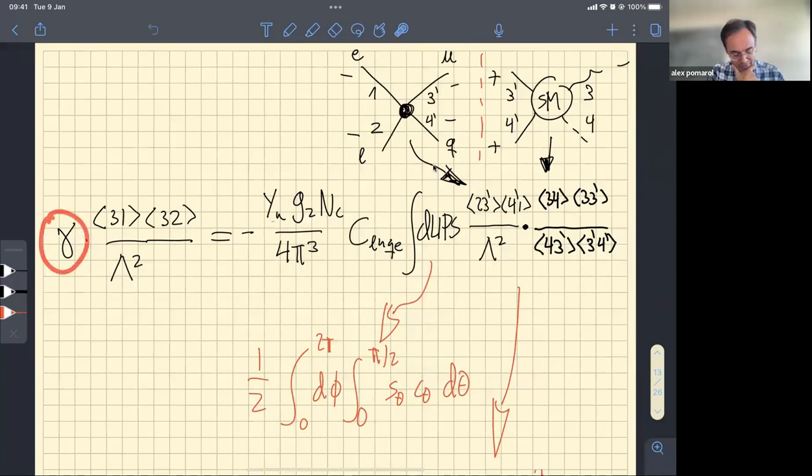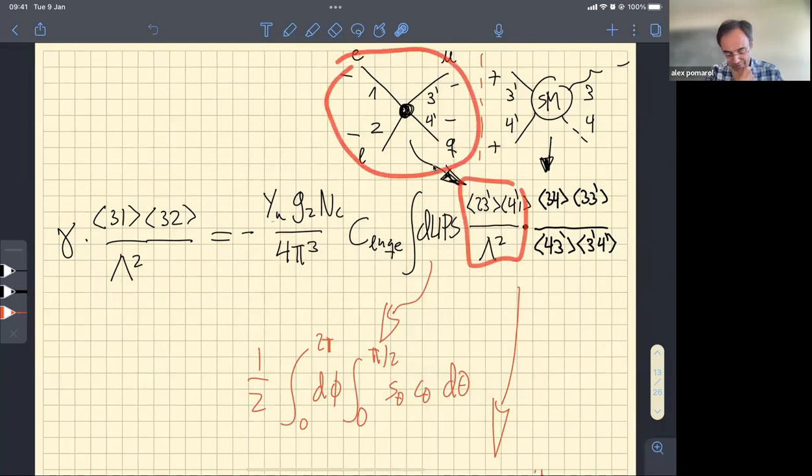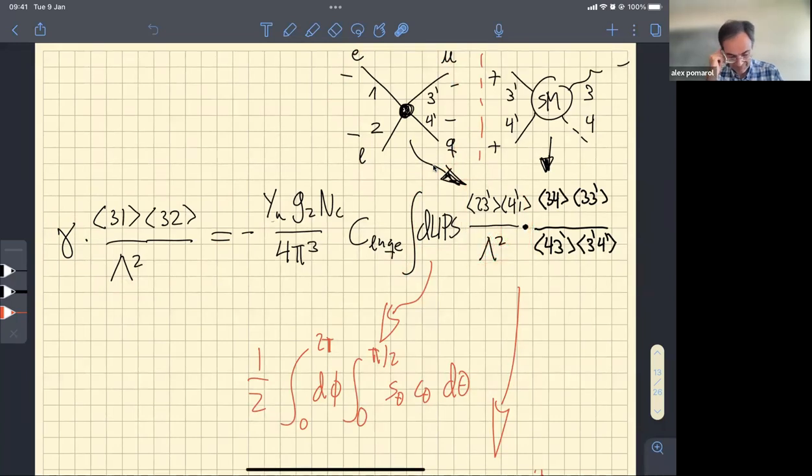So the anomalous dimension of the dipole contribution, written in terms of this amplitude, is equal to a phase space integration of two amplitudes. This one is trivial: it is just the amplitude of 1 over Λ squared.